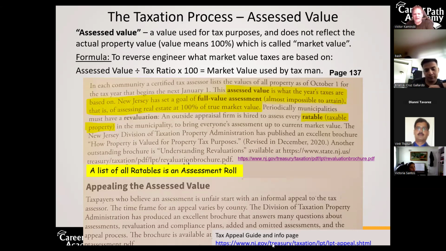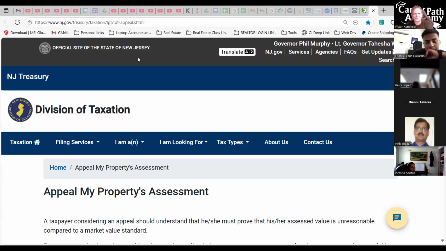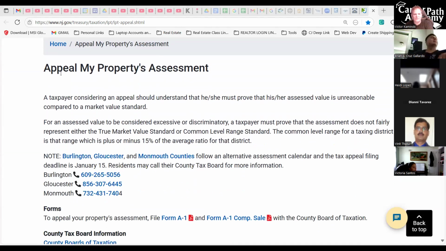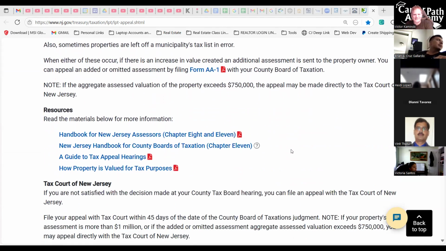So if you click on that... You're showing the slide? Oh, okay. No, I'm showing the New Jersey Division of Taxation. Yeah, I switched this now. This is that link on appealing your property taxes and how to do it, and it shows they're allowed a plus or minus 15% margin of error. Oh man, that's not good.